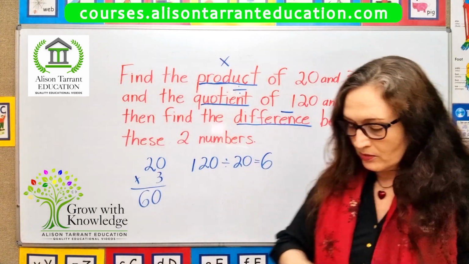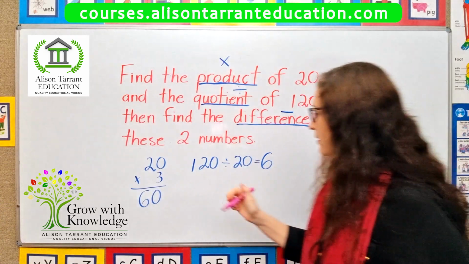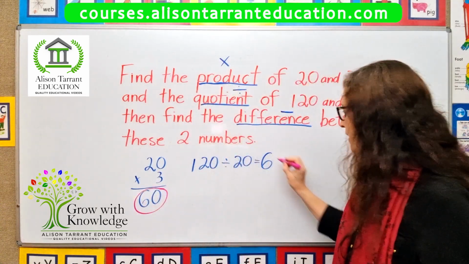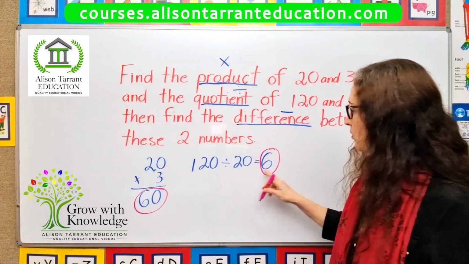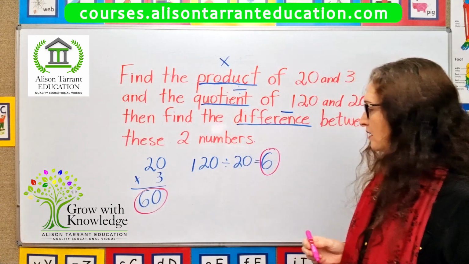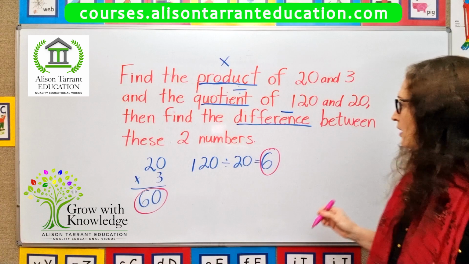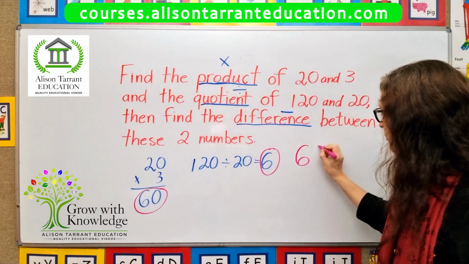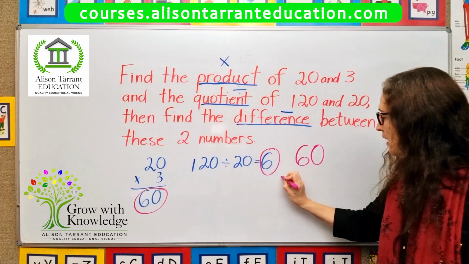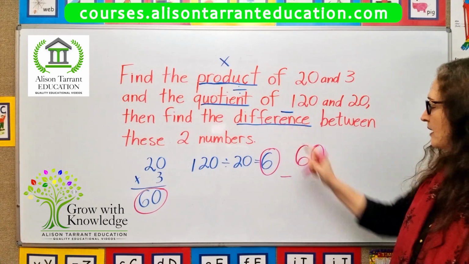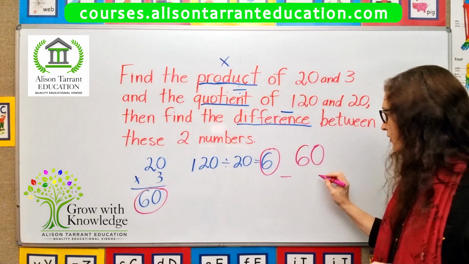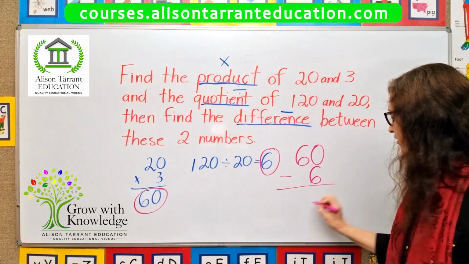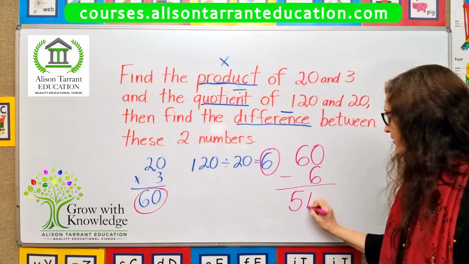Now these two numbers are 60 from the product of 20 and 3 and 6 which is the quotient of 120 and 20. So when you have these two numbers and you're finding their difference, we put the higher number on the top and we take away, because difference means take away or subtract, we take away 6. So the answer is 54.